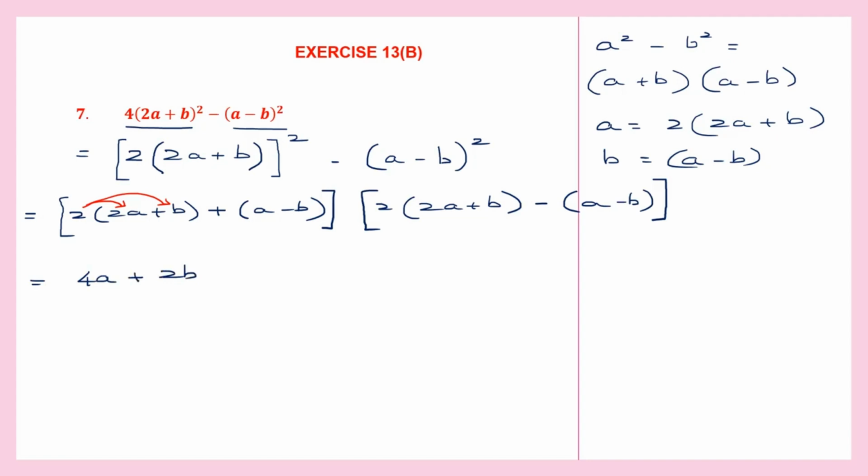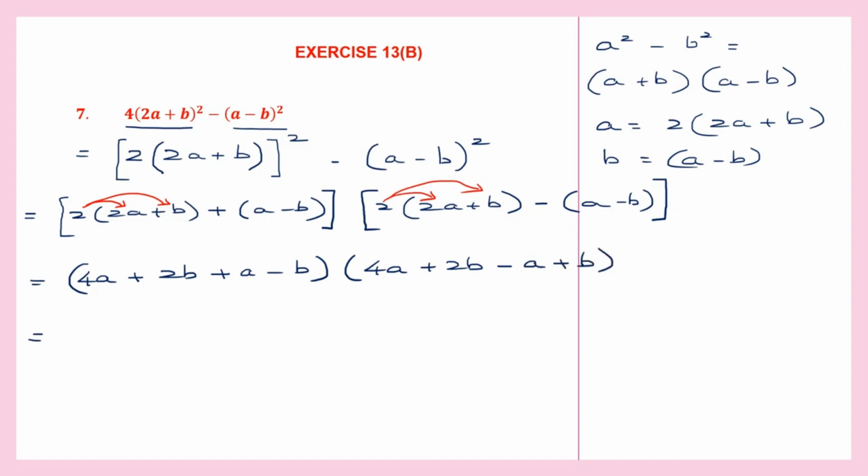Now let's open the other brackets, plus a minus b. So this is within brackets. Let's go to the other part, into, now again here also 2 into 2a and then 2 into b. So 2 into 2a is 4a, 2 into b is 2b, then minus a plus b, because minus into minus is plus. So that's how we got plus b.